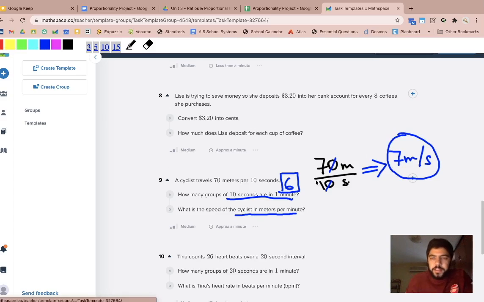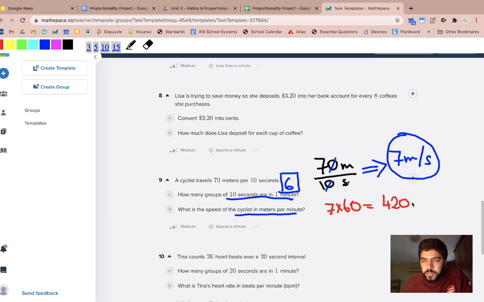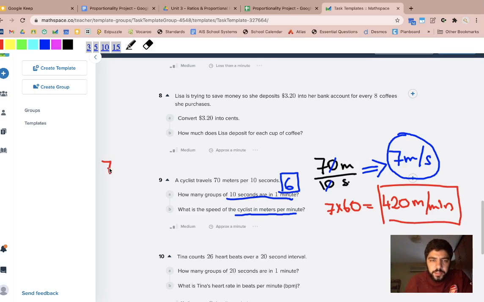So to get that, I would just do 7 times 60. 7 times 6 is 42. 7 times 60 is 420 meters per minute. Okay? If you did the other method, you would just take the 70 over 10 and you would multiply that by 6. And so you would get 420 over 60 seconds, which is just 1 minute, right? So it should be the same answer in the end, all right?